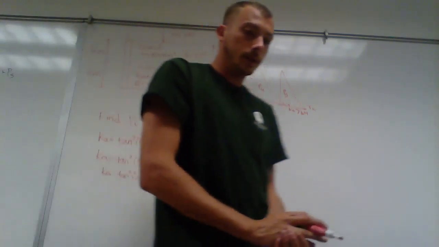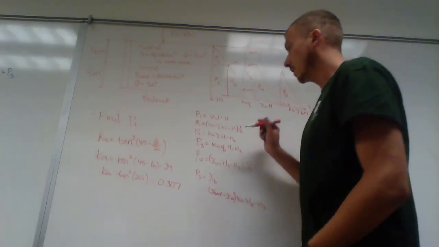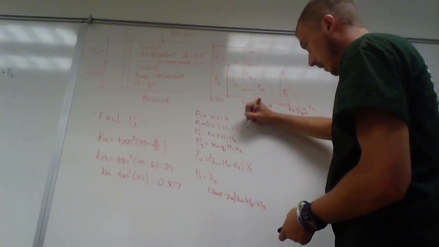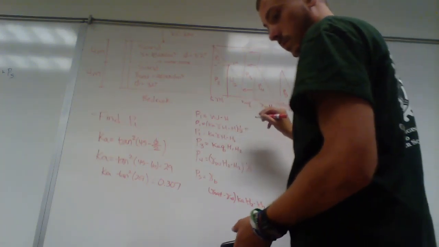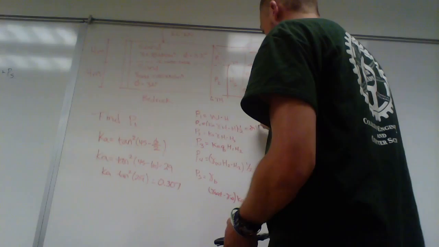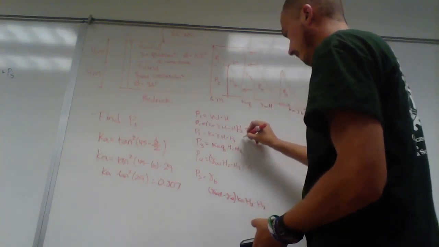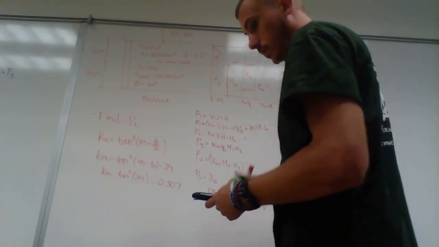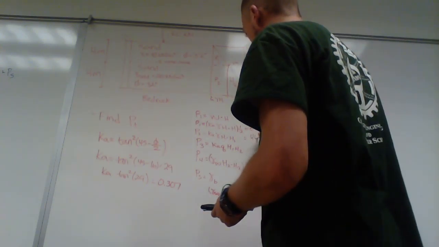And so if I plug in each one of these numbers and use my calculator to calculate it, I get P1 to equal 215.6. P2 is going to equal 44.2.